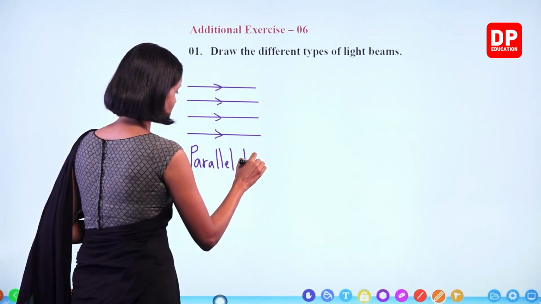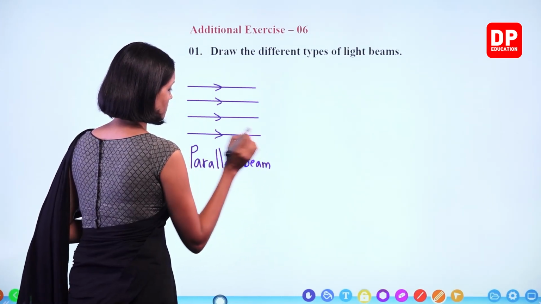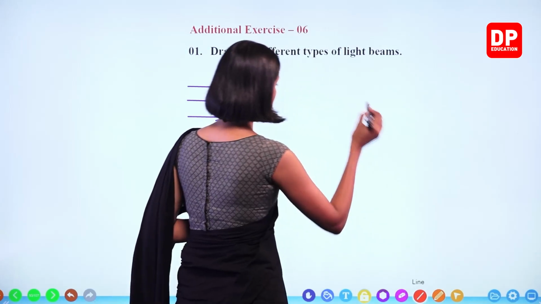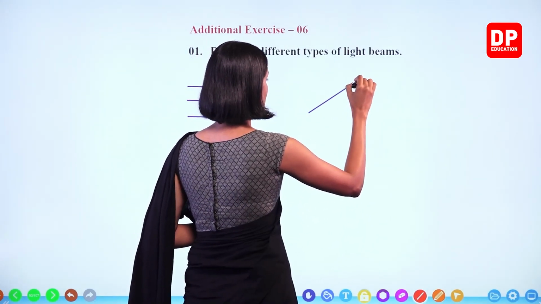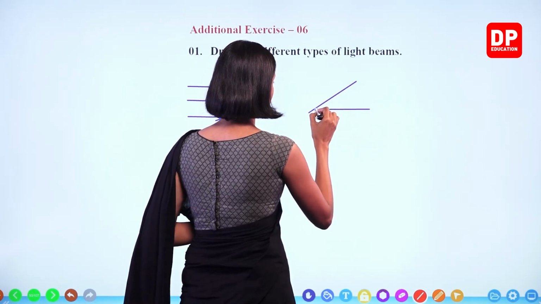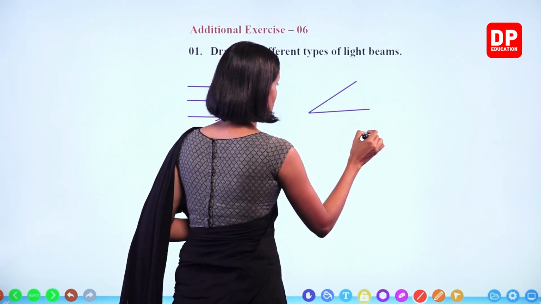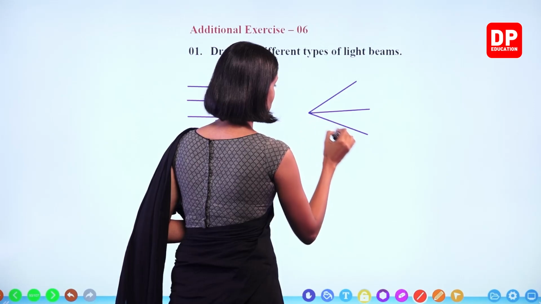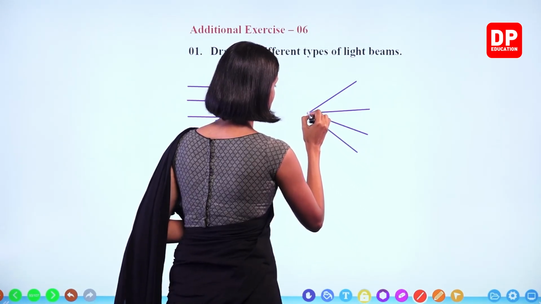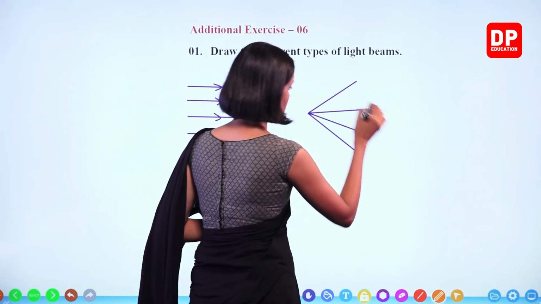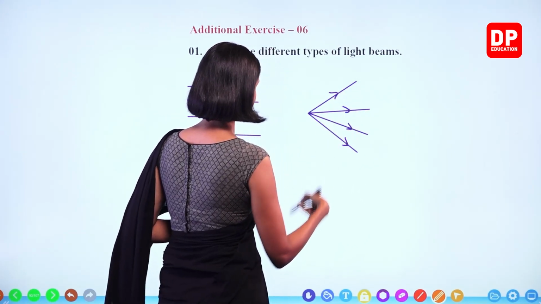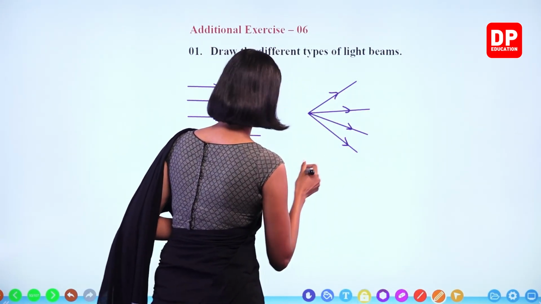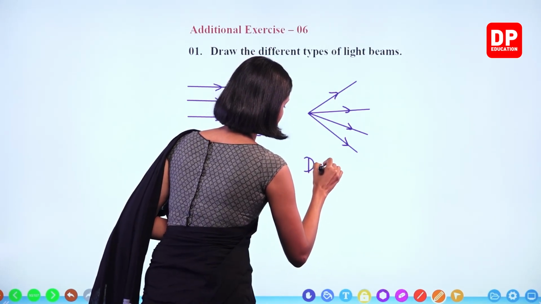Then another type, divergent beam, starting from the same place. What happens, children? The light rays spread out. Again, straight lines and arrowheads. Divergent beam.